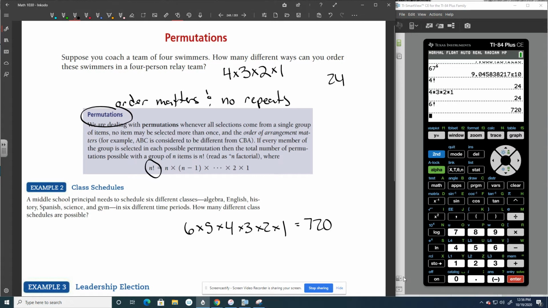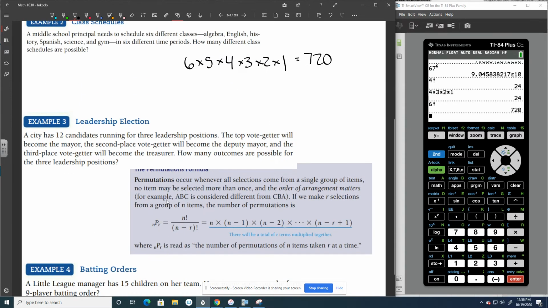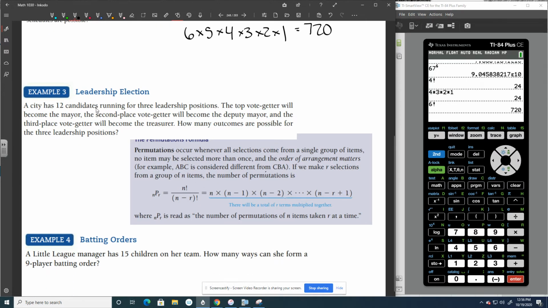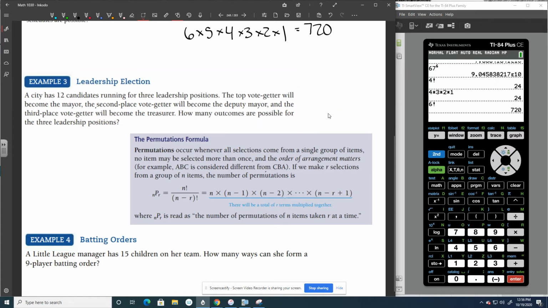Now, what happens if example 3 right here is a little bit different of a situation? And let me move these out of the way a little bit. So what happens if you have 12 candidates running for 3 positions? Okay. So the top vote getter becomes the mayor.